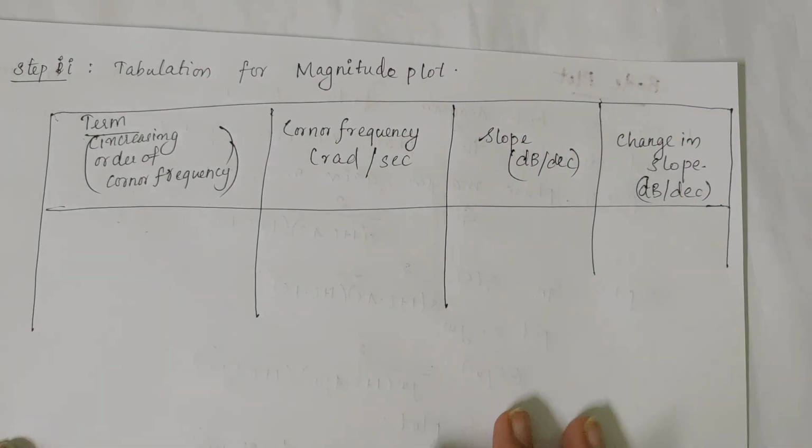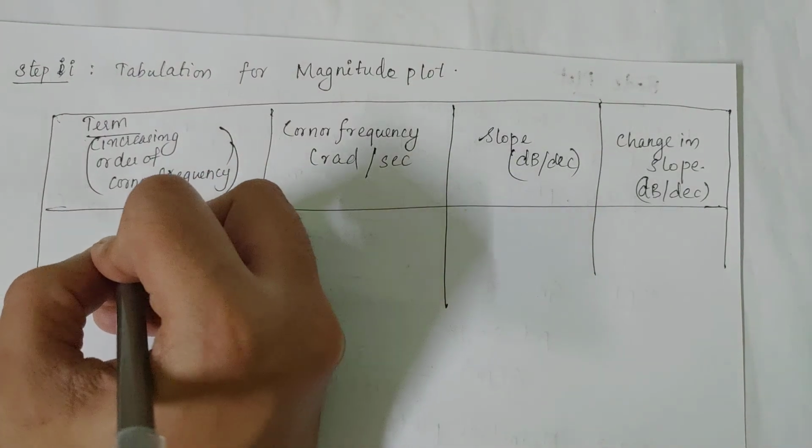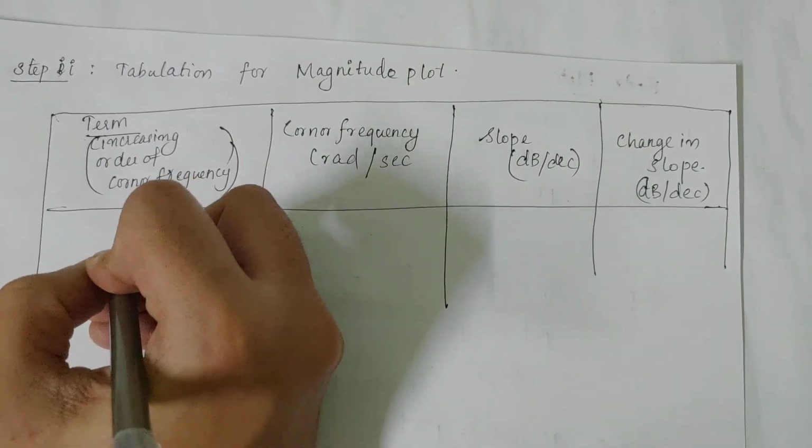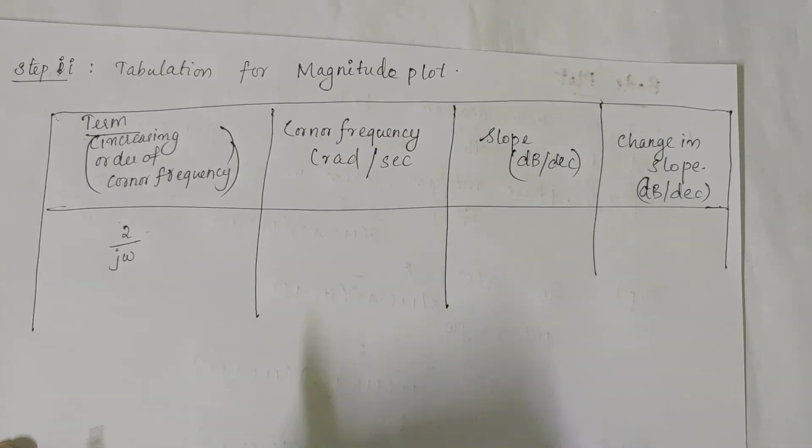Okay. So our first term is 2 by j omega. Always select the constant term along with the integral term or derivative term. If it is 2 by j omega, then take the first term as 2 by j omega.